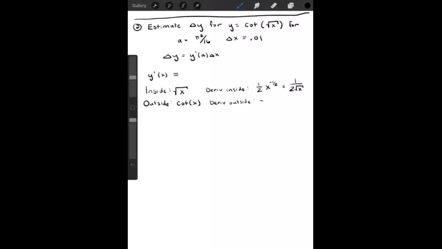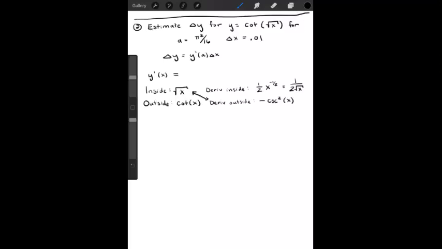Alrighty. Looks good to me. Right, so the derivative of cotangent that we have from one of our multitude of trigonometric derivative tables is going to be negative cosecant squared x. Right. So when we want to put all this together, the chain rule says to take the derivative of the outside and plug the inside back in.